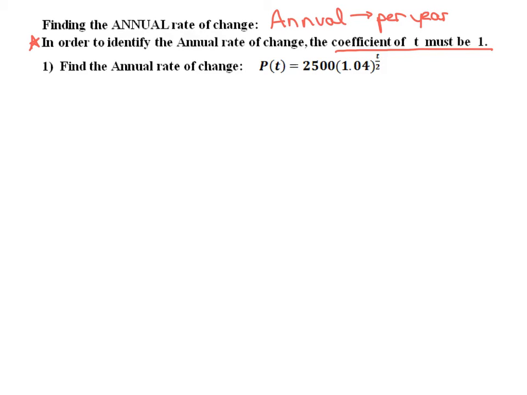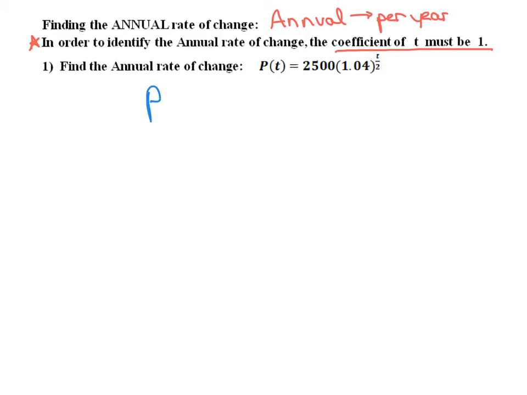So looking at our first example, we've got p of t is equal to 2,500 times 1.04 to the t over 2. So for this problem, we'd like to calculate the annual rate of change, which means that we want to rewrite this as an equivalent exponential equation, where the exponent is just a t, so a 1t.